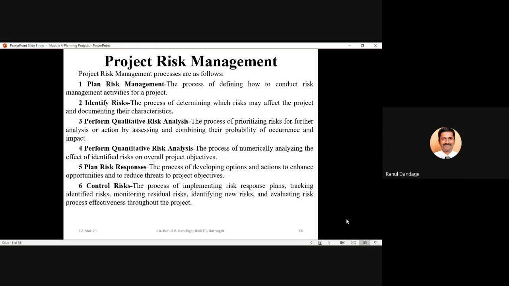The next step, process number 5, is planning the risk responses.